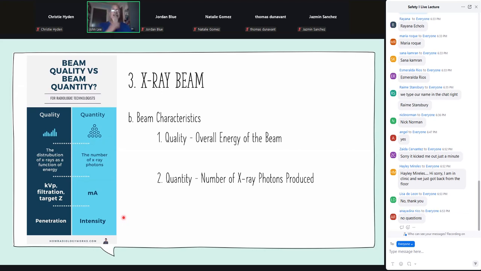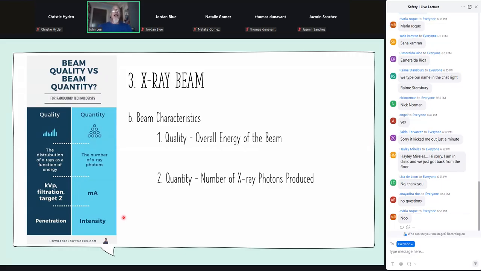Okay. All right. So let's move on to the X-ray beam and beam characteristics. There are two key words that we associate with our X-ray beam. That is quality and quantity. Quality referring to the energy of our X-rays and its penetrating ability.